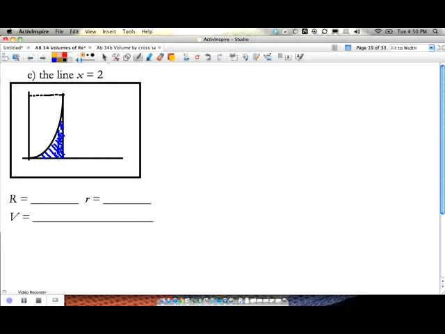Because when we get to our first question, is it attached? It is attached to the axis here. So when I try to find the volume, I only need to find the big radius. And I know that I'm still going from 0 to 4 in the y direction. I just need to figure out what this big radius is. Well, it's always going to be top minus bottom, or the bigger number minus the smaller number.